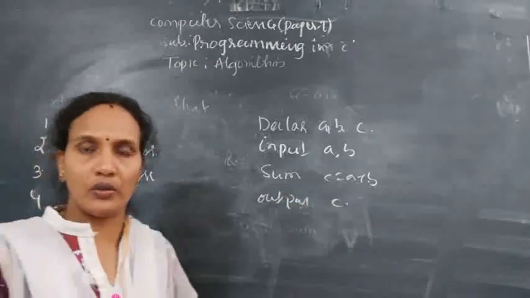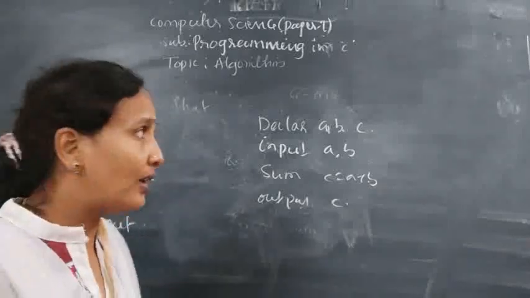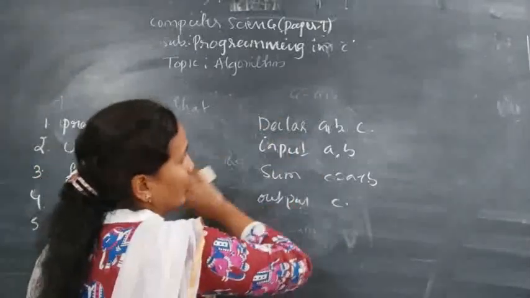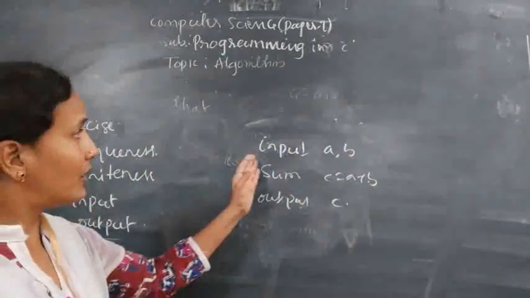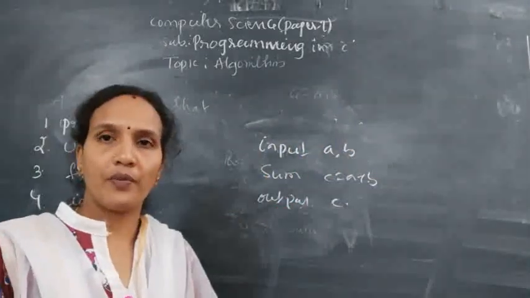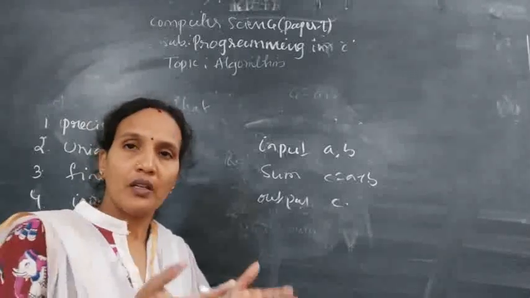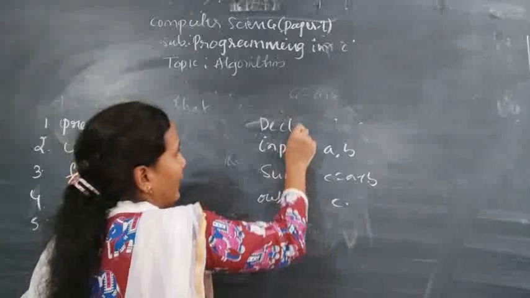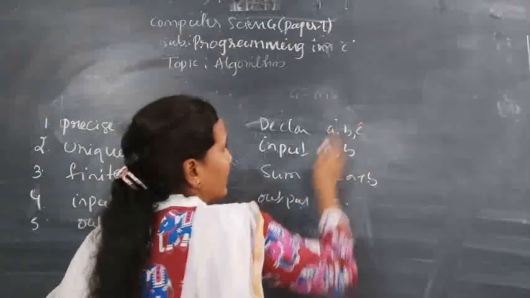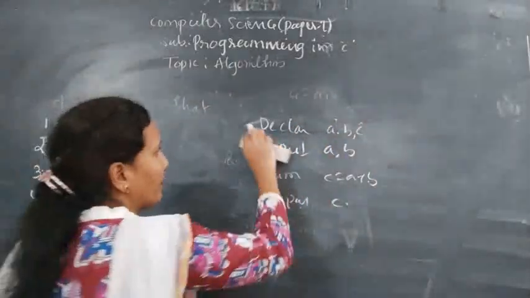Here there is no doubt. For example, if I didn't write the input a comma b step, then what happened? Where you have declared, the declare step is there, but I missed the input step.